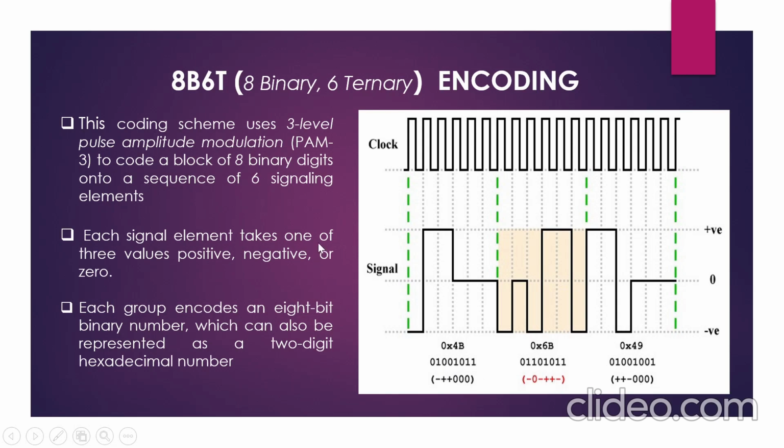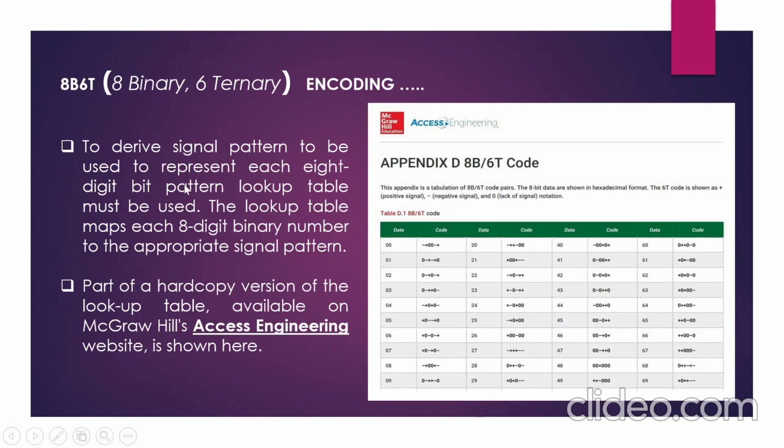Now one interesting thing is that to derive the signal pattern used to represent each 8-digit bit pattern, a lookup table must be used. In case of 2B1Q, it was easy to relate the output to the input because we had fewer combinations.